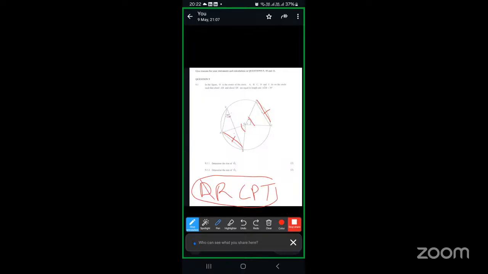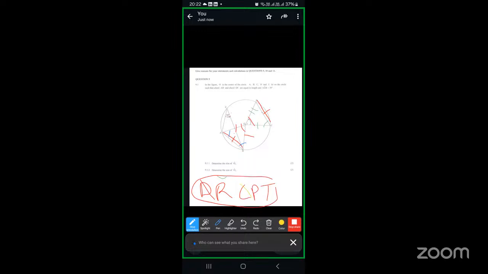Then a radius, there is a radius, this is the radius, that is the radius. That implies that this angle here is going to be equal to that angle. And again, this is the radius, this is the radius, that implies that this angle is equal to that angle, isosceles triangle. Then we are done with the radius. We can go to the cyclic quad.